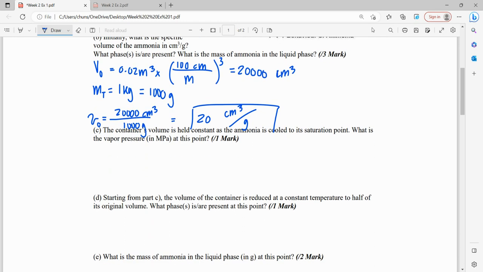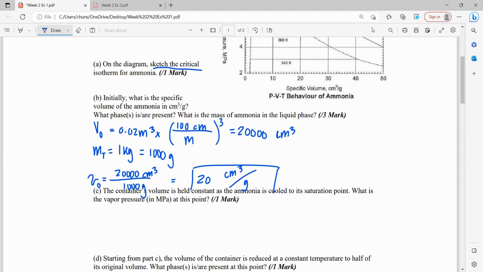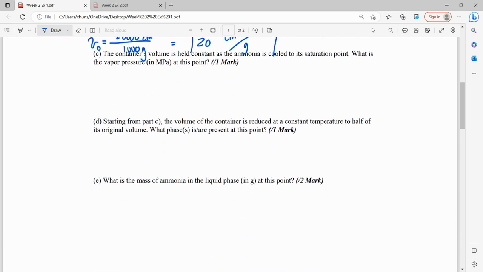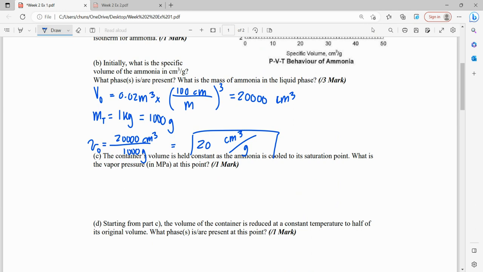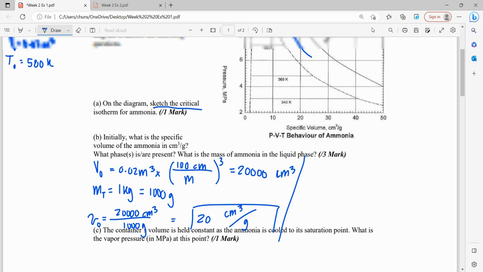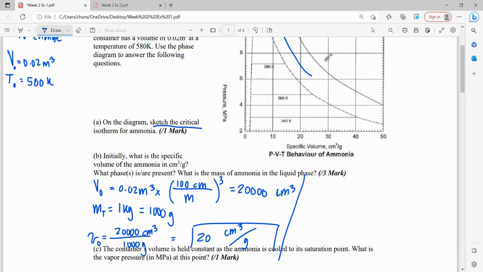Part C, the container's volume is held constant as the ammonia is cooled to its saturation point. What is the vapor pressure at this point? Oh, sorry, I missed this one part for B. What is the mass of the ammonia in its liquid phase? Okay, so let's plot this out.